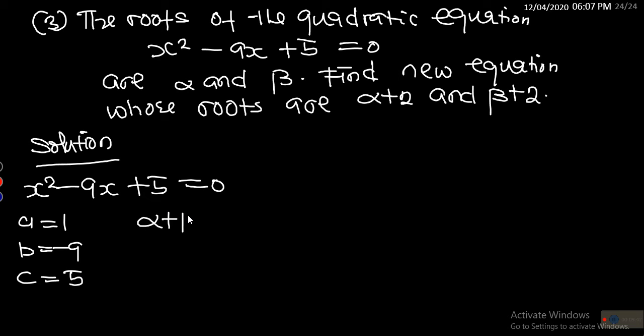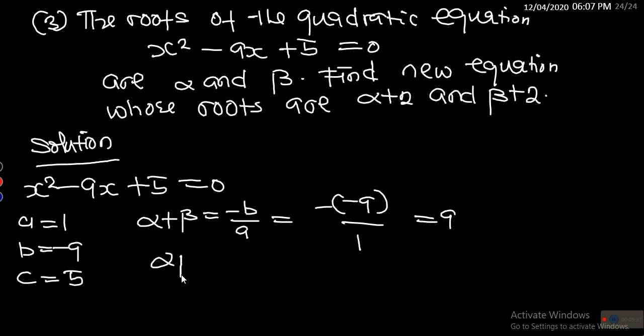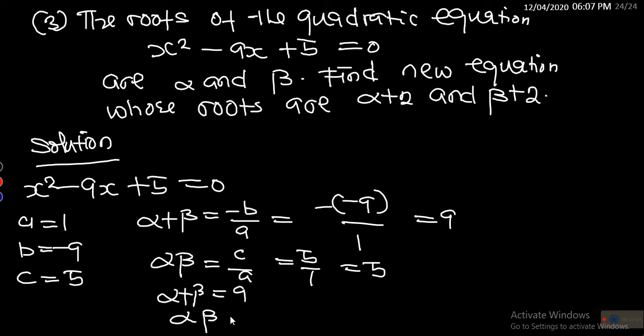So your sum of the roots is alpha plus beta, which is minus b over a, which is minus into minus 9 over 1, which is 9, and the product of the roots alpha beta equals c over a, which is 5 over 1, which is 5. So guys, we have alpha plus beta equals 9 and alpha beta equals 5. So we can move on to step 2, guys.